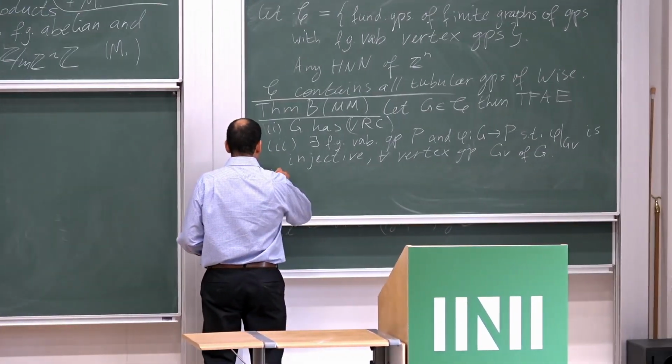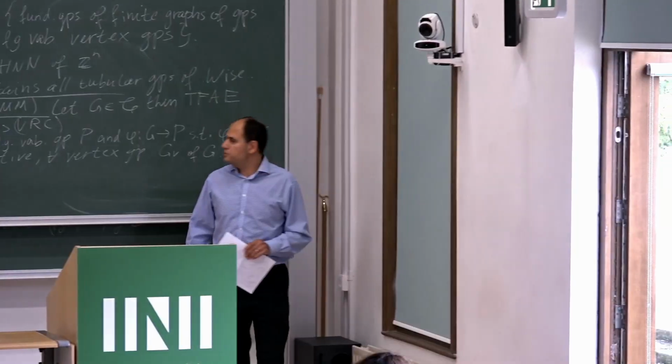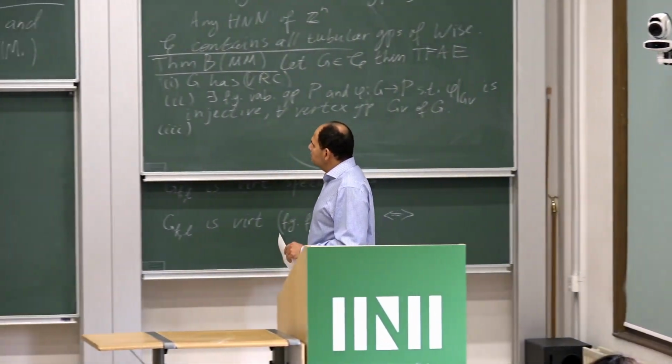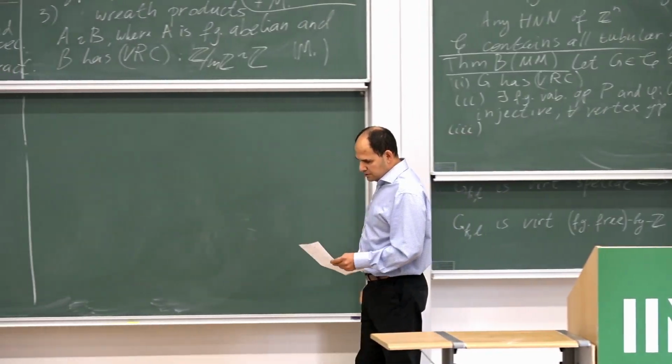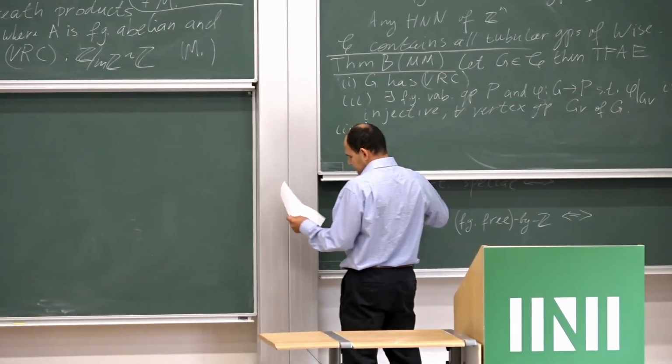And the third condition is, okay, well, for me, virtually abelian groups are very nice. But there are even nicer, in some sense, virtually abelian groups that we call Euclidean bifinite.